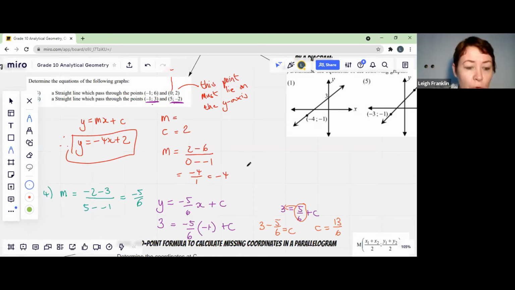Indeed, Nolwazi, good. So the equation of this line is y equals the gradient, -5/6x, plus 13/6. There's the gradient we calculated in front of the x, and there is the y-intercept, in this case a fraction, 13/6. How does that feel, grade 10s?